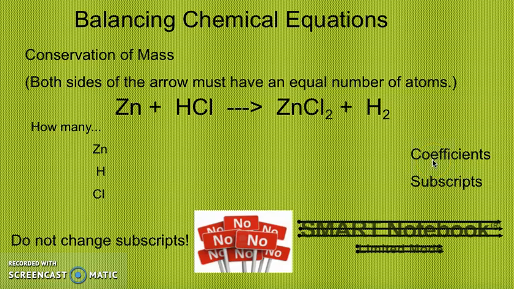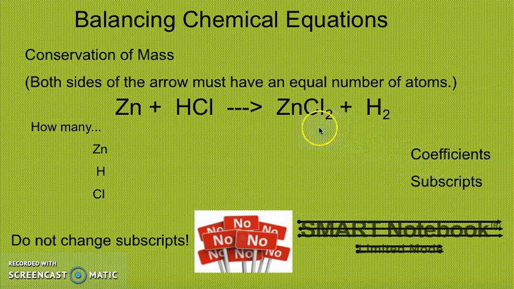There is a rule that you cannot break when balancing chemical equations. The rule is do not change the subscripts. No, no, no. You cannot change any of the small numbers anywhere in the chemical equation. The only thing you can change is coefficients.